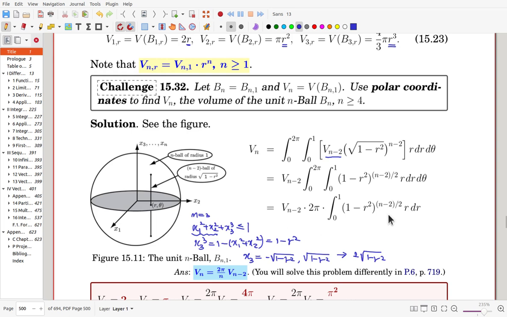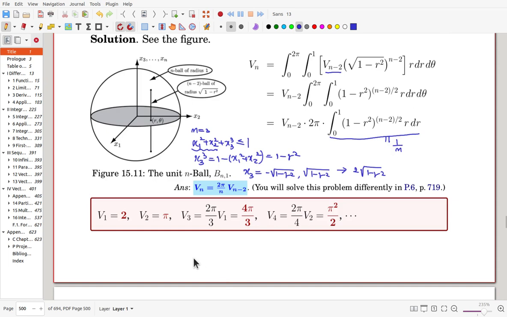You can get this quite easily, and if you finish the calculation, you get 1 over n. So we recheck this formula: Vn, the n-dimensional volume of the unit n ball, is the same as 2 pi over n times V n minus 1. So we found a recursive formula for the volume of the unit n balls.